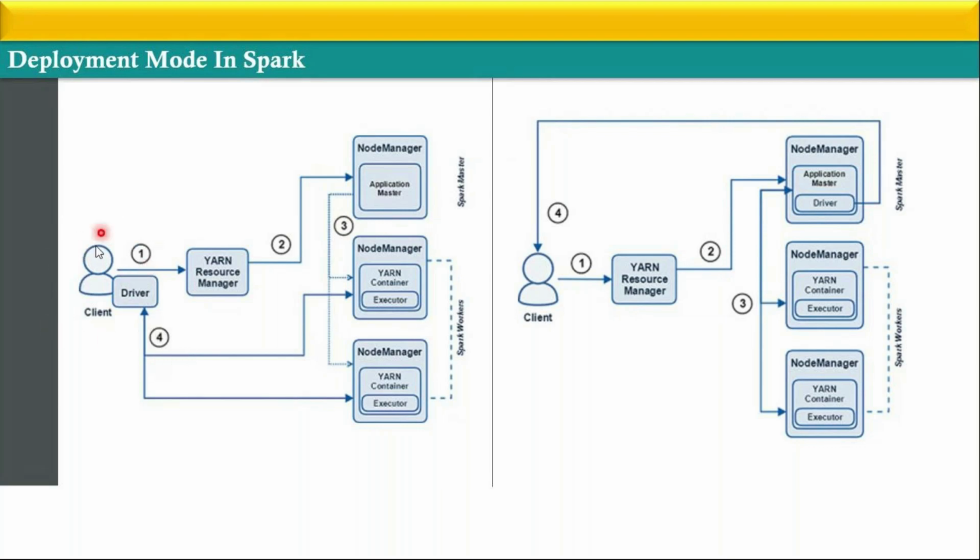If there is a certain issue inside the client's laptop or the client's work machine, and it is down for any reason, the entire execution of the job will be lost. If, over here, the driver connectivity is lost, there will not be any impact on the execution of that particular job.